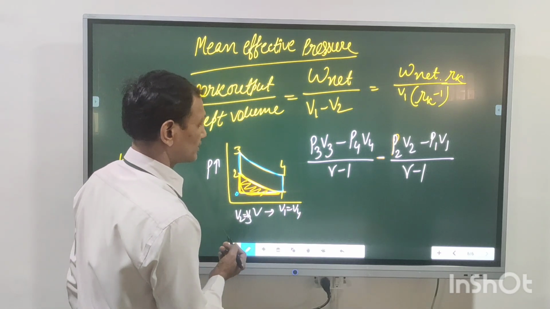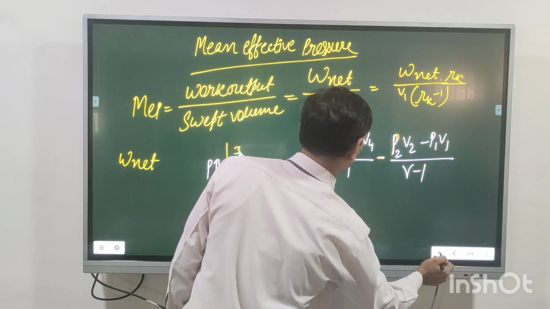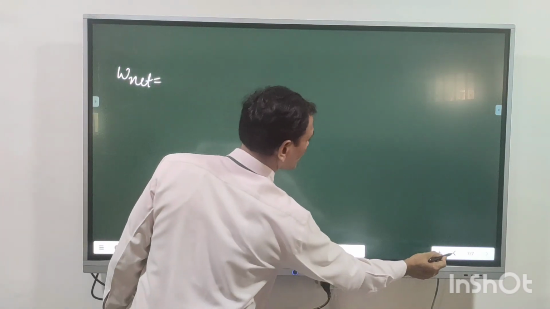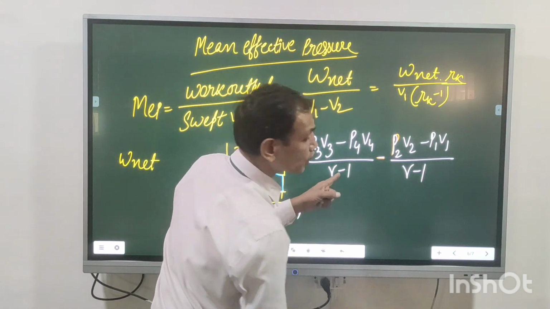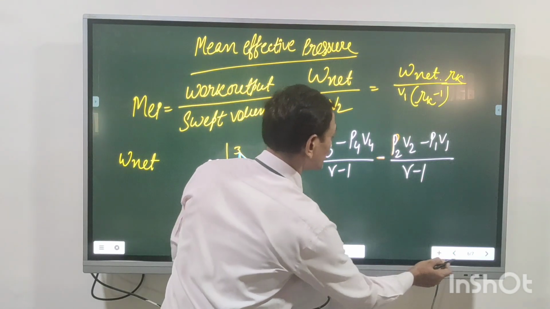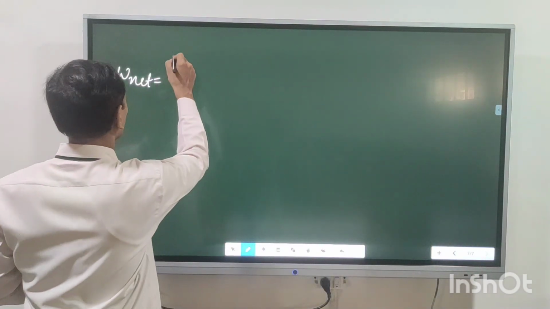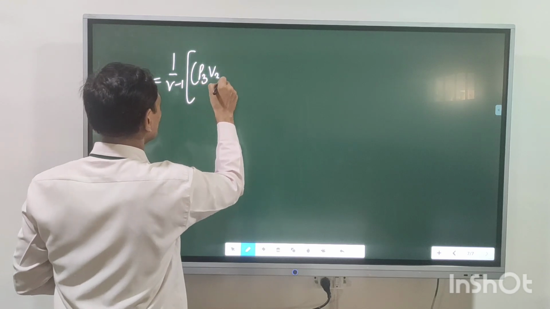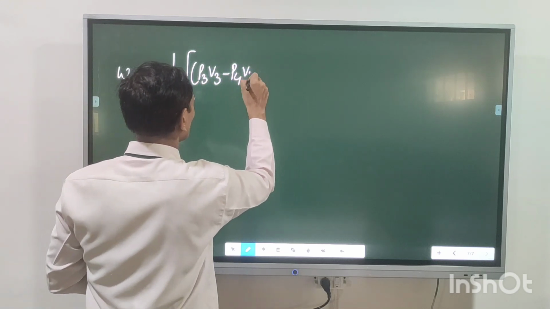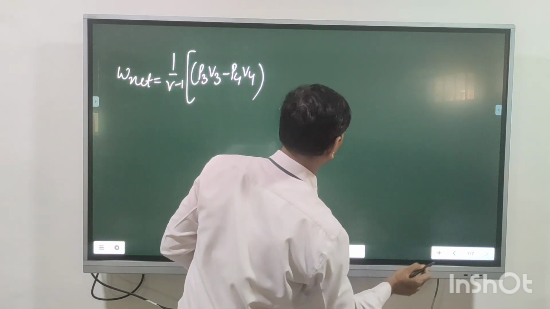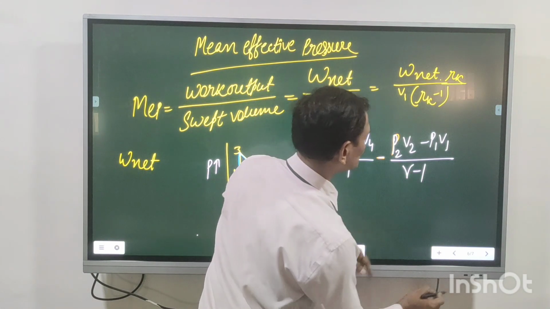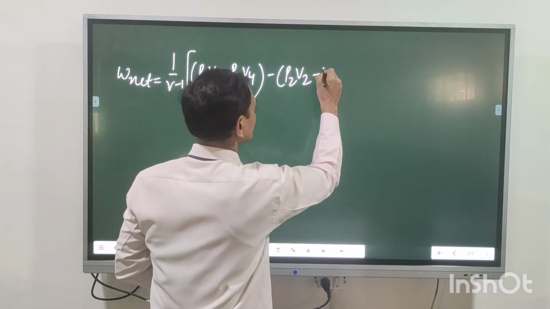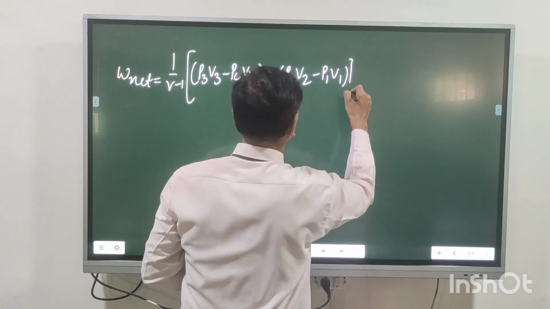So here W net is equal to 1 by gamma minus 1, taking common on both sides: P3 V3 minus P4 V4, minus P2 V2 minus P1 V1.